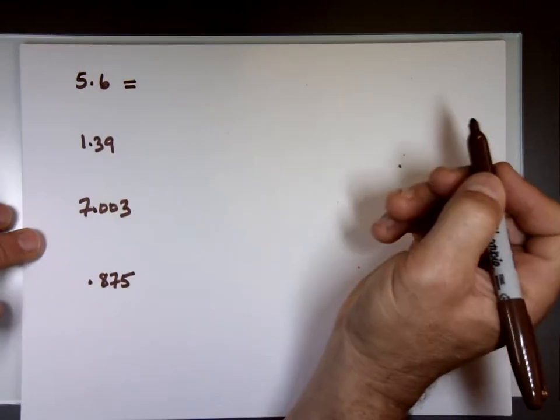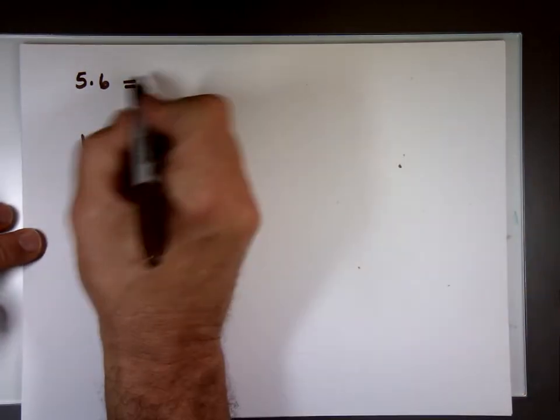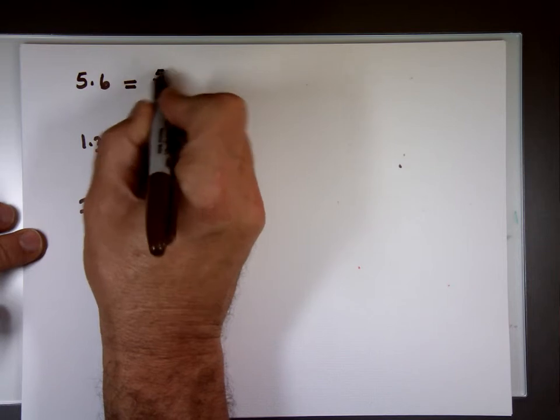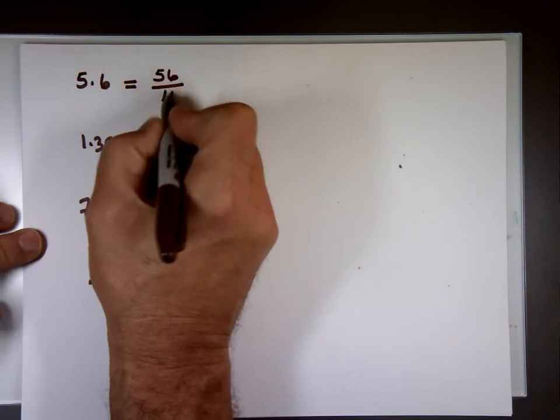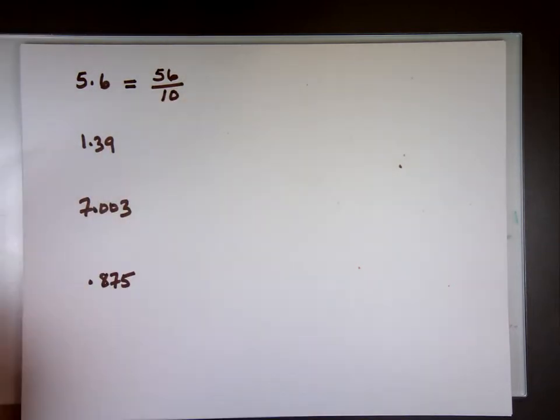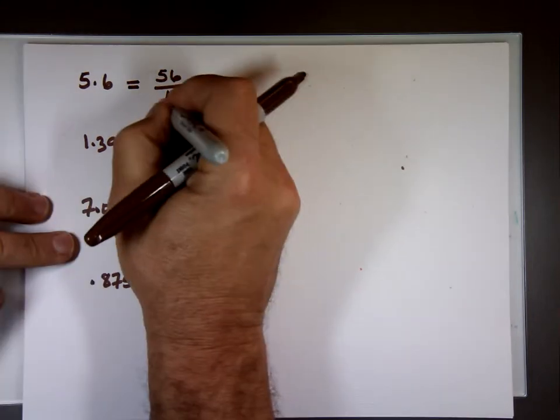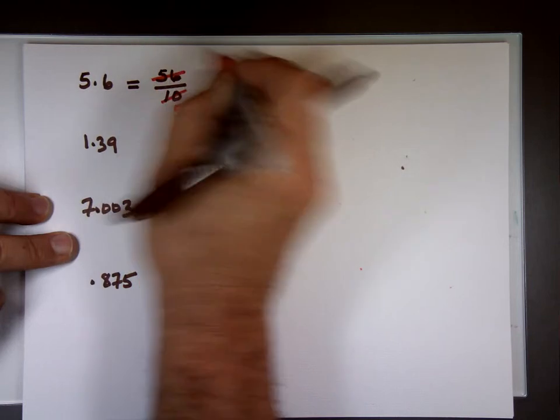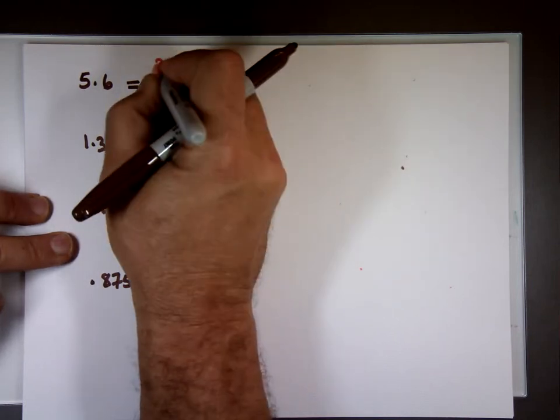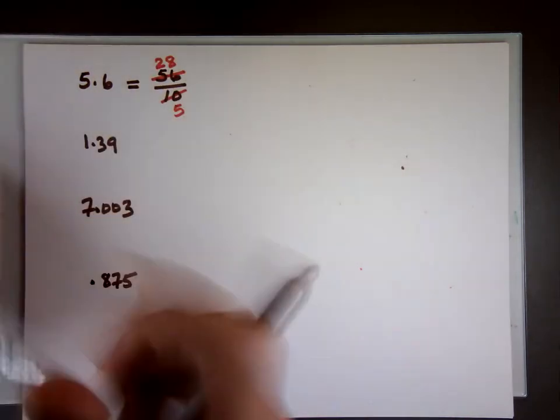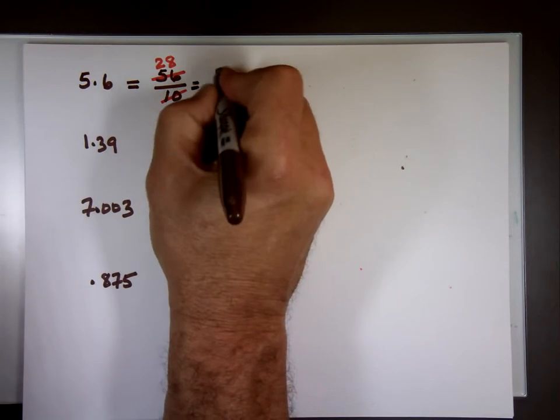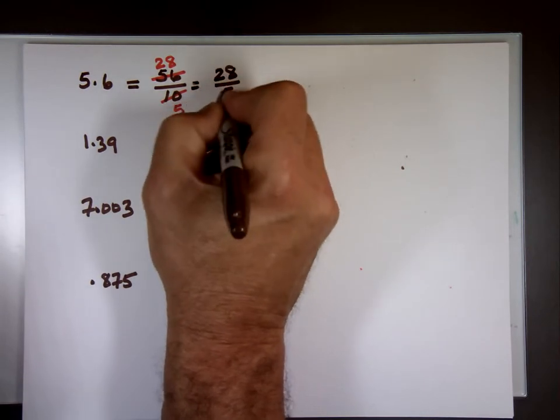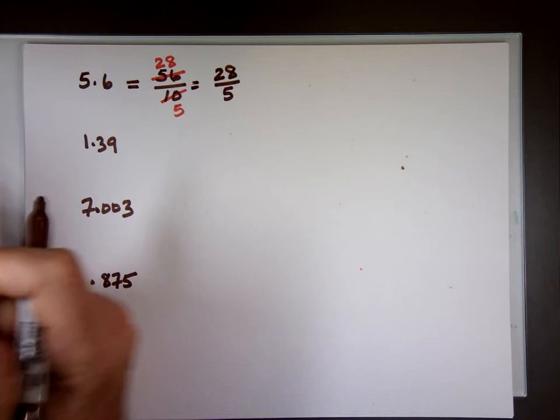The first one is what? 56 over 10. Can you simplify that? Yeah. You got to simplify it by 2. This is what? 5. By 2, this is what? 28. So 28 over 5. So if there's an even number at the end, you simplify it? Well, if you can simplify it.